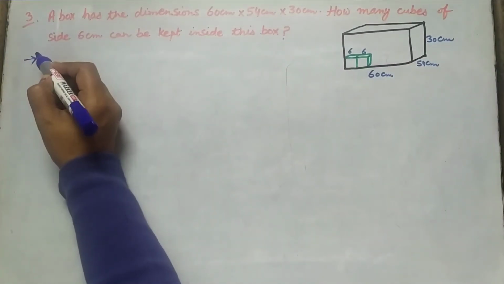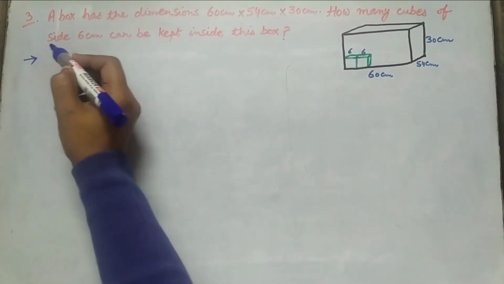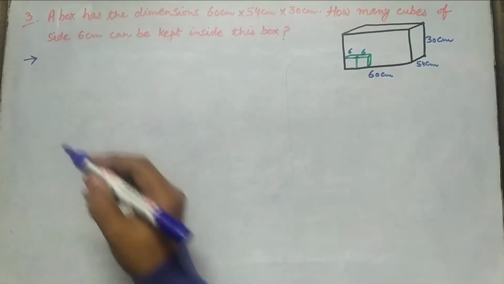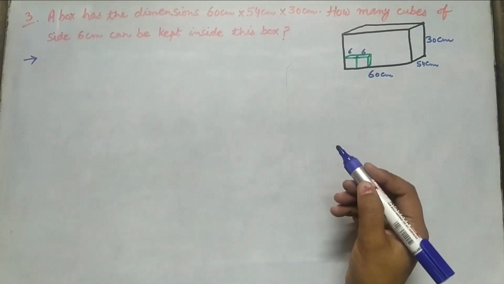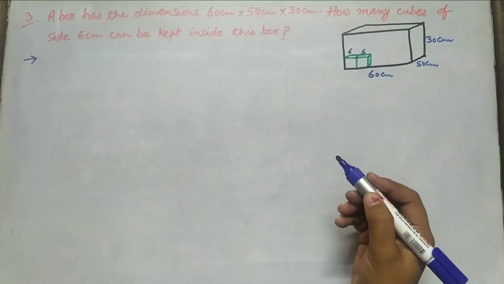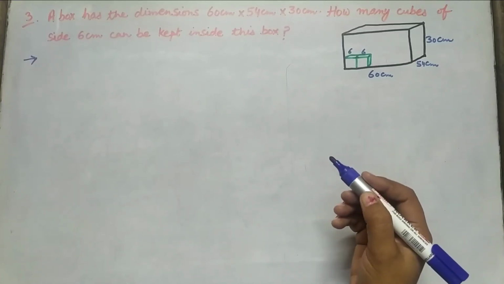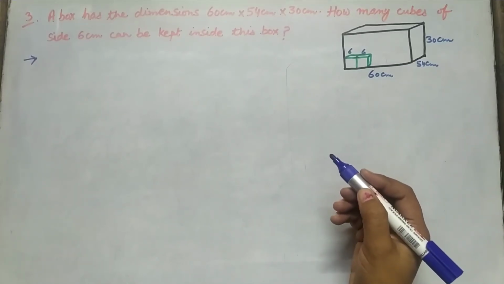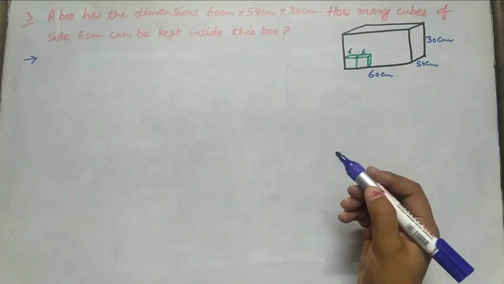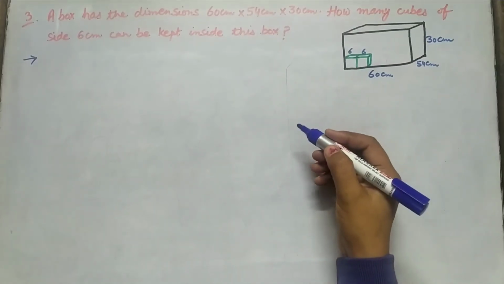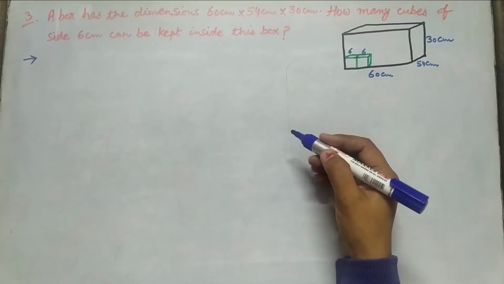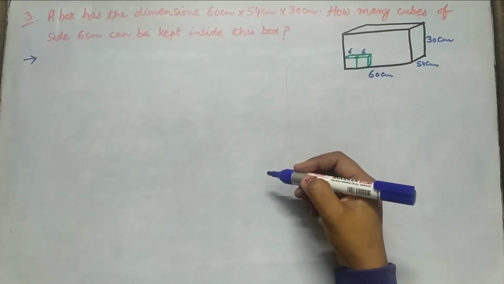Here one important thing to note is whenever we have to find out the number of boxes, number of bricks, number of tiles, any counting number, then what we have to do is divide the bigger volume by the smaller volume.